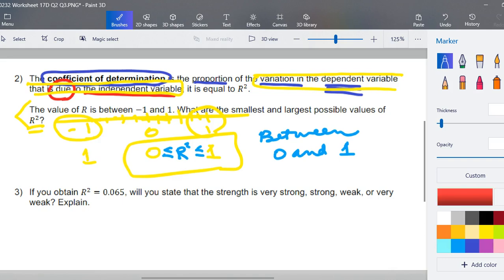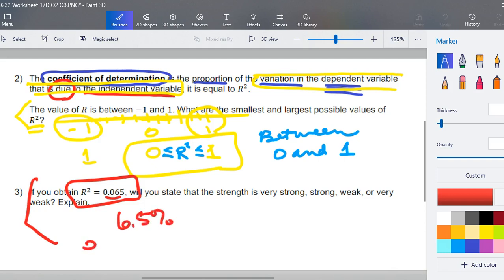If you obtain R squared, will you state that the strength is very strong, weak, or very weak? And even look at this like a percentage. It's like 6.5%. And if you're looking at 0 to 100%, that's way down here at the bottom.